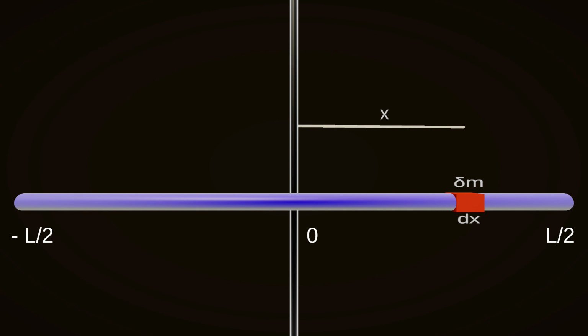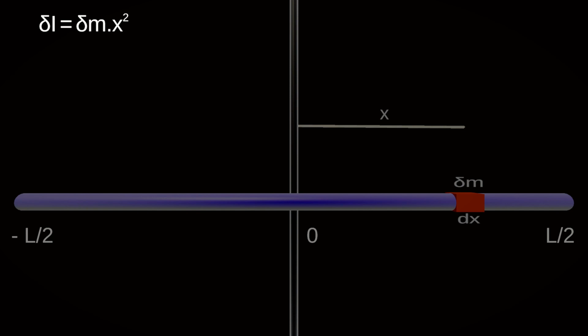Now we consider a small distance dx at a distance x from the axis. The moment of inertia for the small strip will be del m, that is a very small mass, into x square, as we have seen in our first equation, the basic equation of moment of inertia.